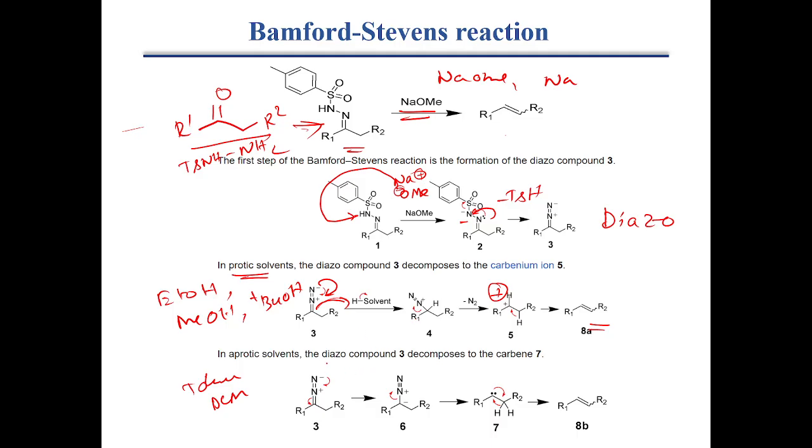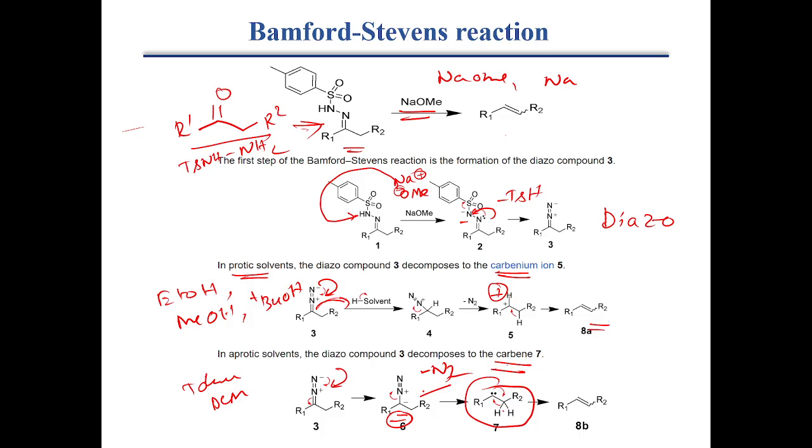In presence of protic solvent where we have hydrogen, it will go through carbonium mechanism. In aprotic solvents such as toluene, it will go through the carbene mechanism. So this nitrogen negative charge pushes electrons, and from this diazo compound, removal of nitrogen gives this carbene.